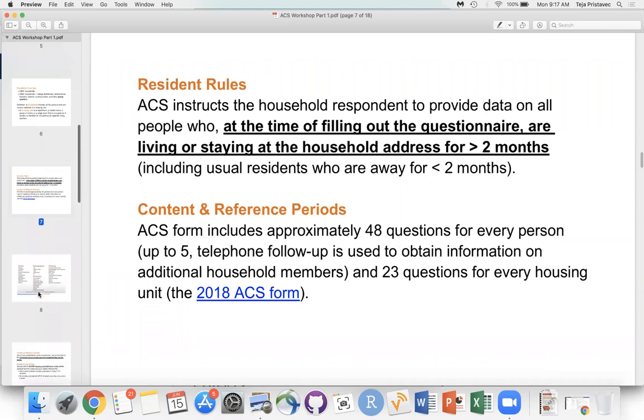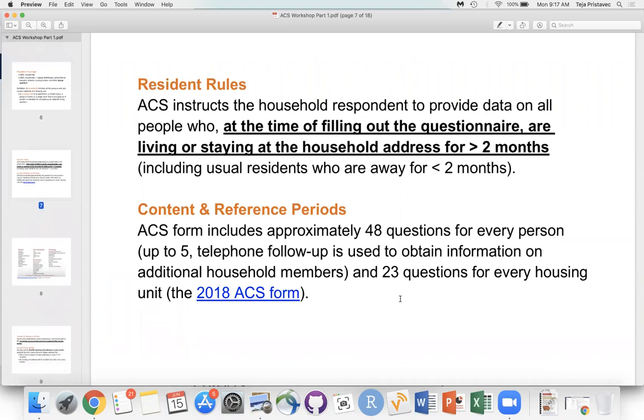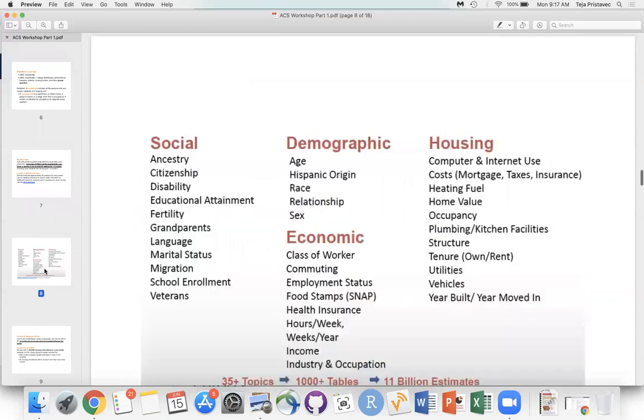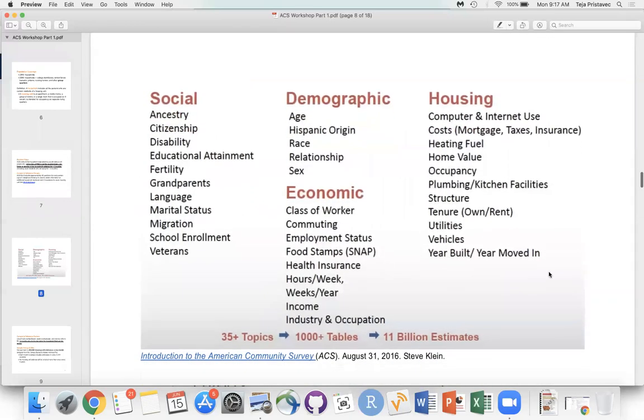Another note on the content. There are about 48 questions per person right now, and you can read more about how exactly it's structured or how follow-up works if you don't respond. There are a couple of links here, and I'll share these materials with you afterwards as well. Here's a slightly more detailed listing of all the variables that you can get here.